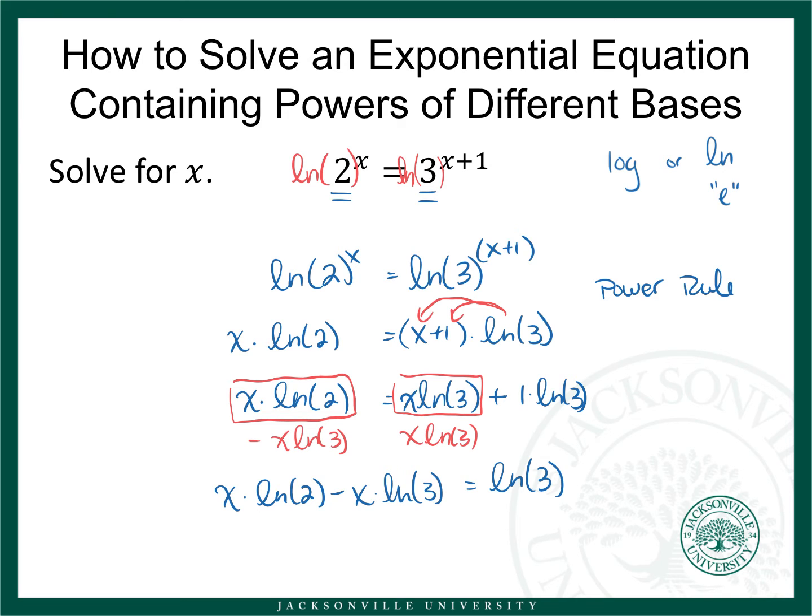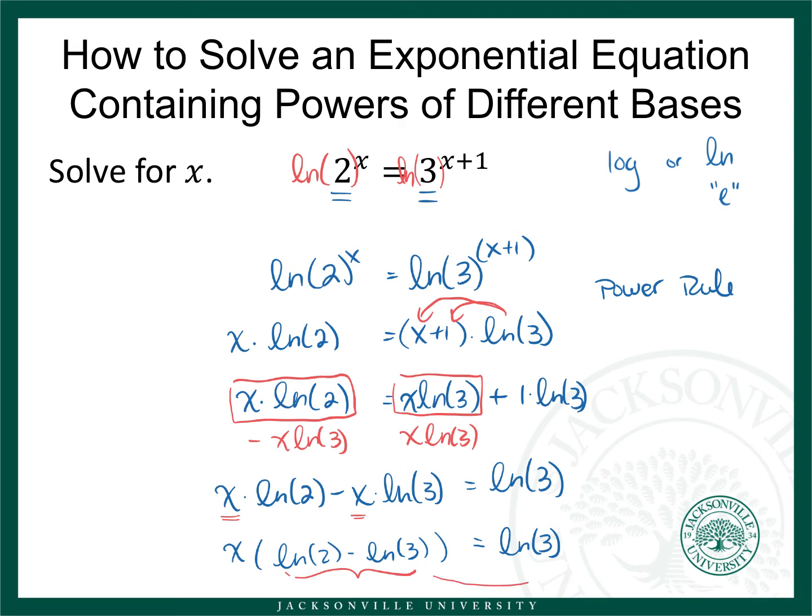So here, hopefully you can see that I can factor out this x, and that leaves me with the natural log of 2 minus the natural log of 3. And then on the right-hand side here, I still have the natural log of 3. So what I can do now on the left-hand side is use the quotient rule.